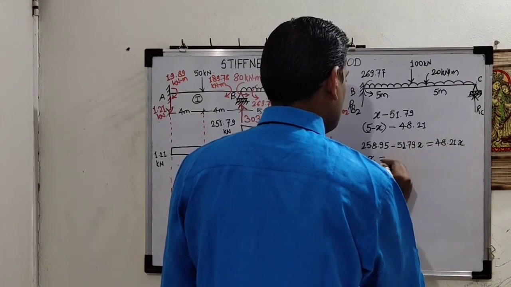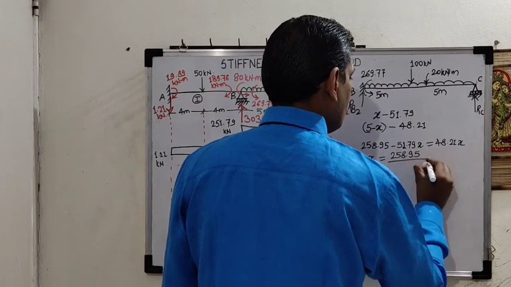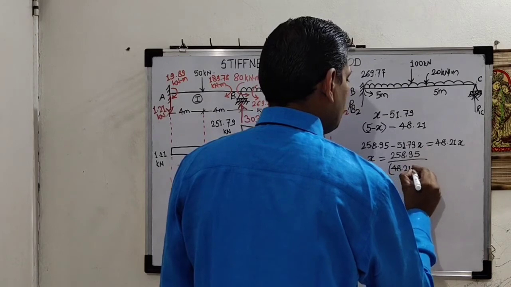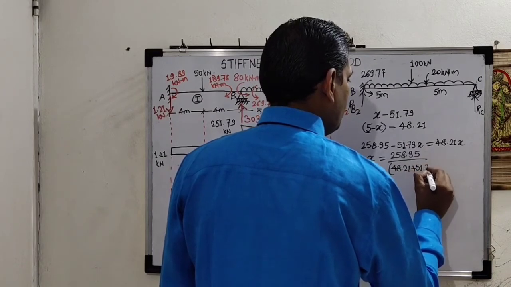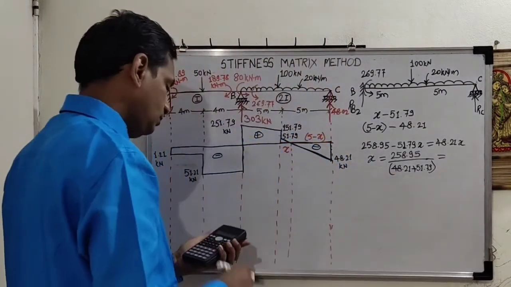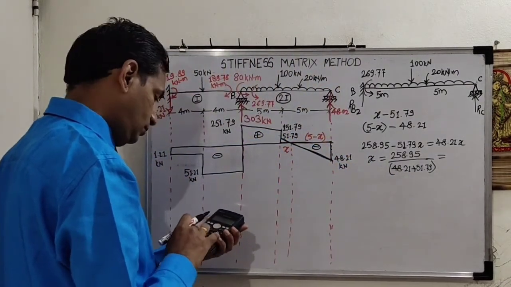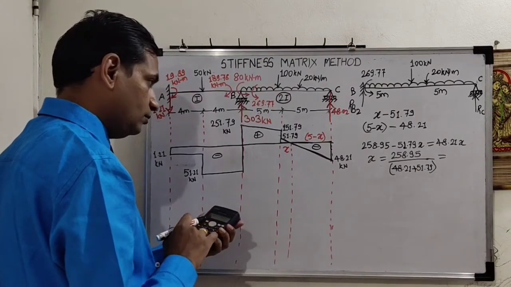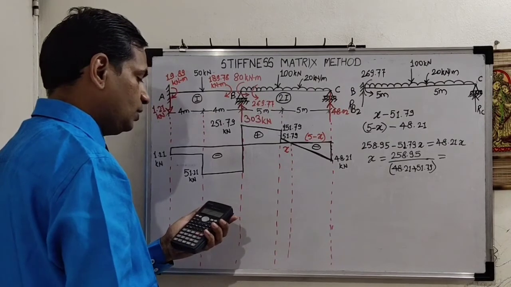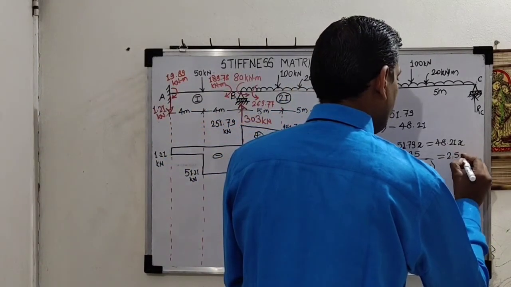So what will be x? 258.95 divided by 48.21 plus 51.79. So it is 2.59 meter.